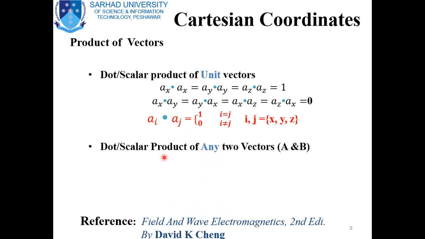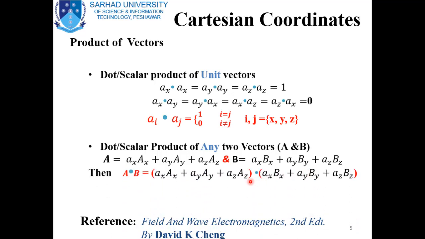And we can write the dot product of any two general vectors. Let us have two vectors A and B, and these vectors have three components each. A has three components, ax Ax plus ay Ay plus az Az, and B has three components as well, ax Bx plus ay By plus az Bz.